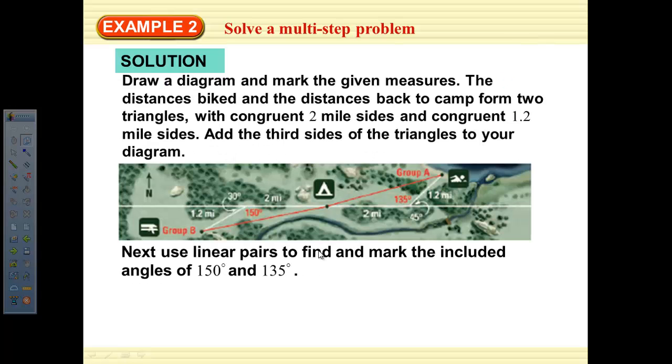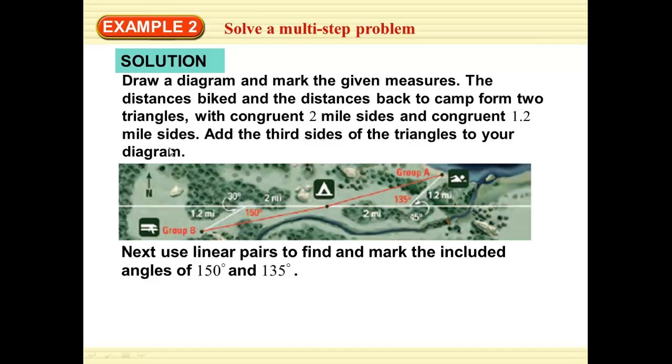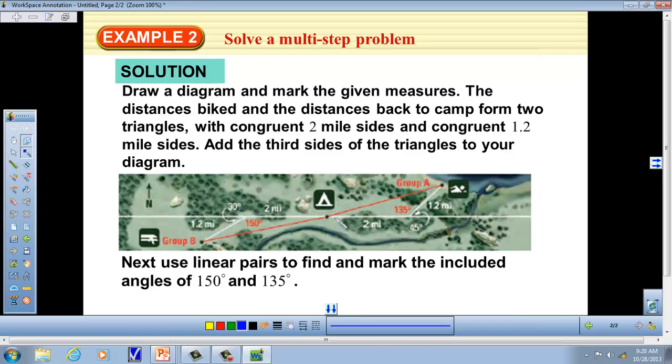Alright. So here's a picture of what's going on. We've got 2 miles this way, 2 miles this way. We've got 30 degrees south and 45 degrees north. Since this is 30 degrees, this is 150. Since this is 45, this is 135.